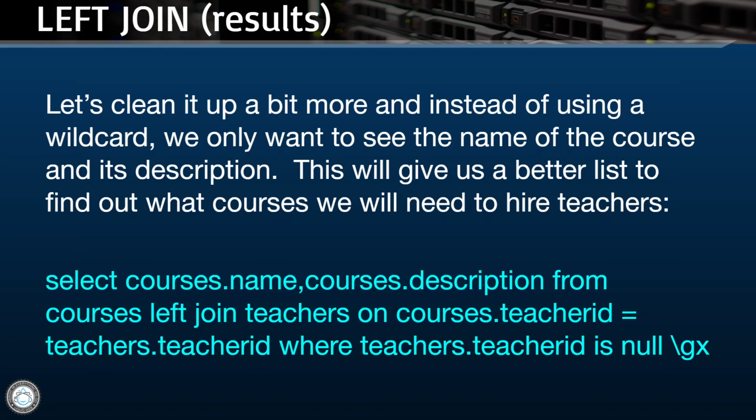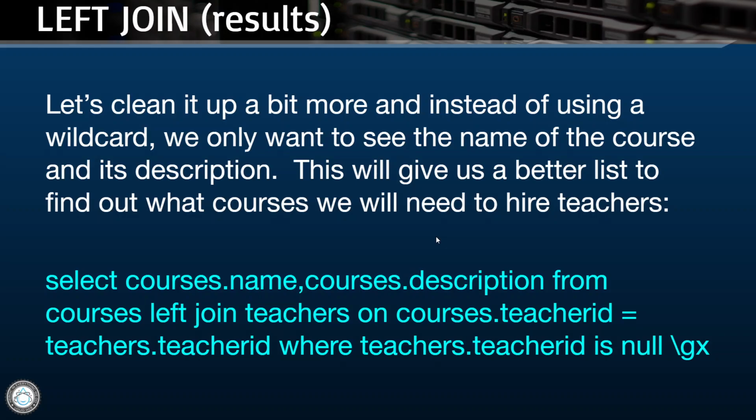Let's clean it up a little more, because after all, this is for the school administrator. So what the school administrator is interested in is the name of the course and what the course is about. So instead of using a wildcard like we did before, we're just going to specifically say we want the name from the courses table, and we want to see the description from the courses table.